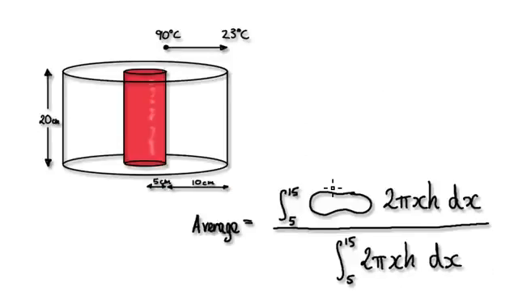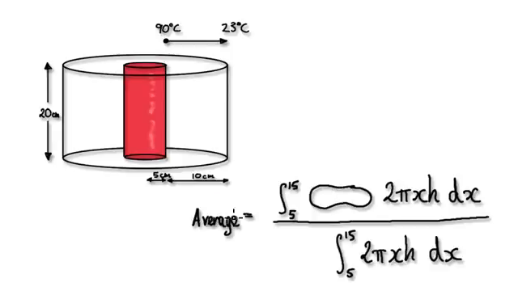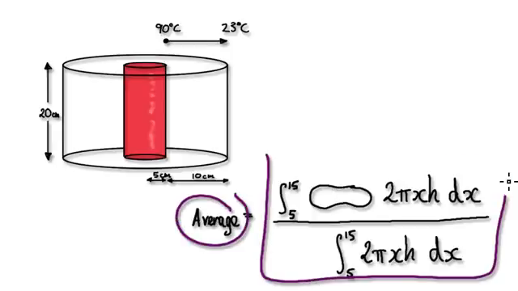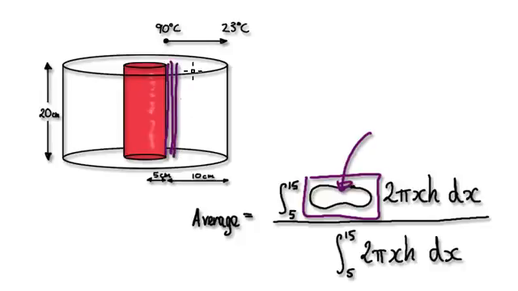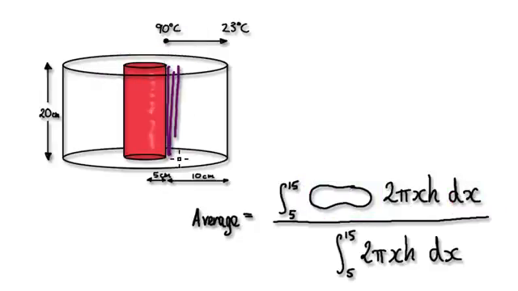So now it's really us summing up all the cylinders. The average temperature is given by this. We need to take care of this later on. This is our temperature, but we do need to sum up all the cylinders. If you look at this one particular cylinder here, the thickness associated with this cylinder is your dx, because you're moving in the x direction.